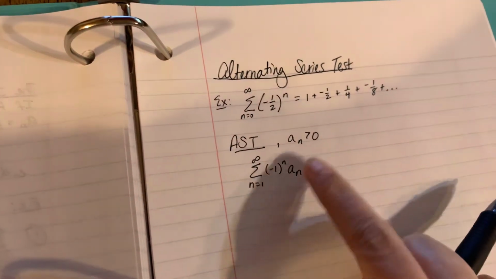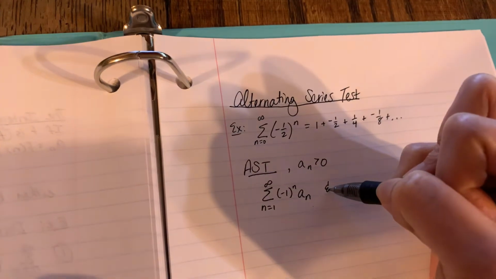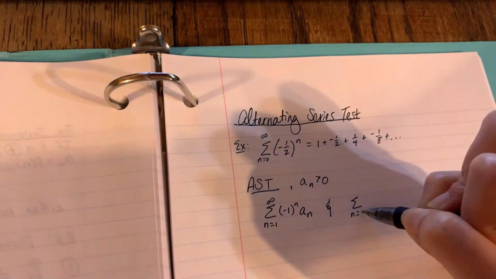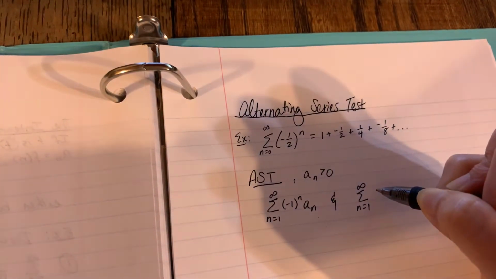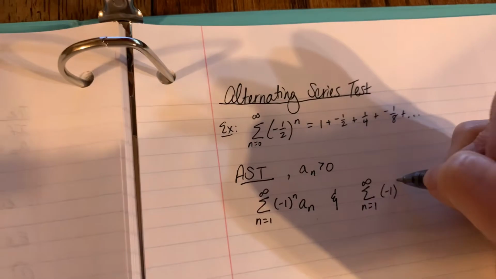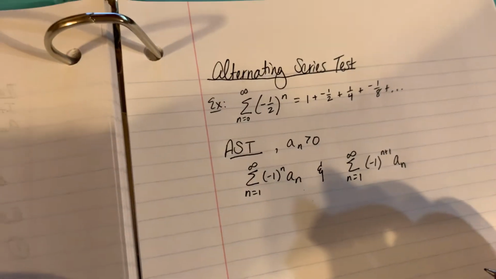And this is also 1. That also is an alternating series.